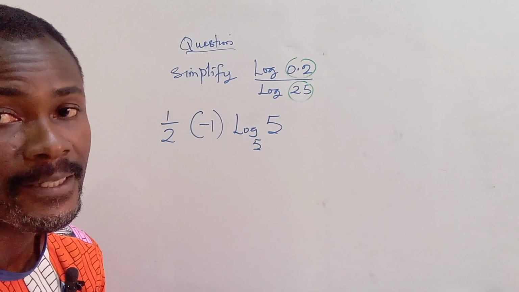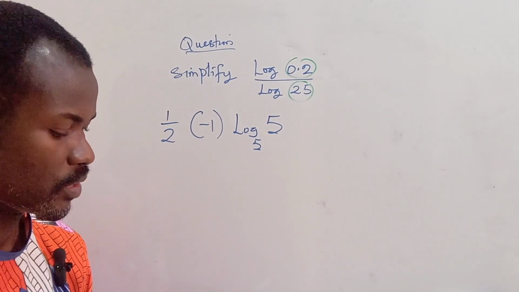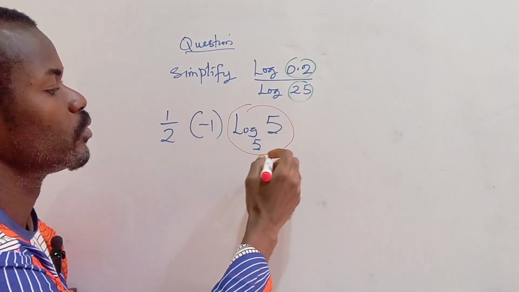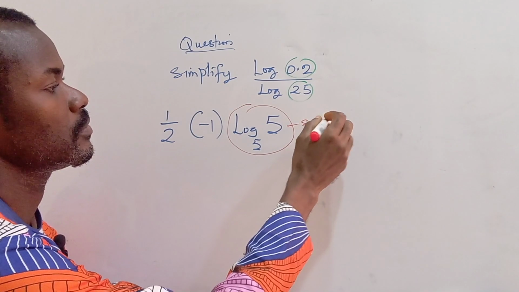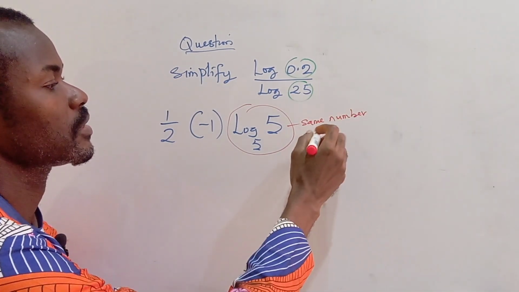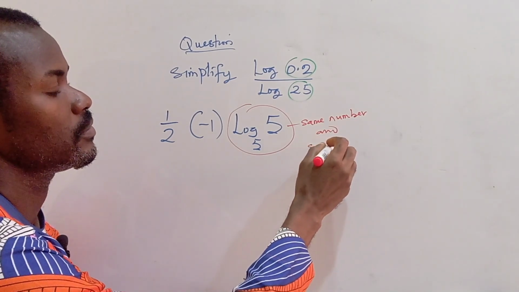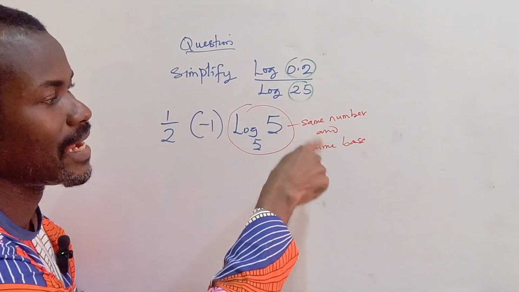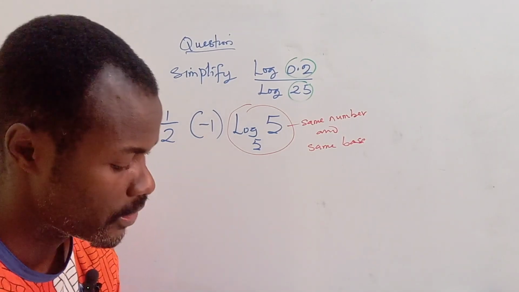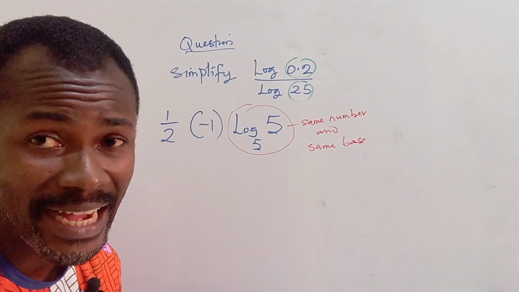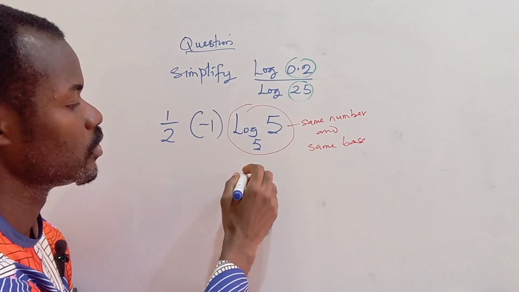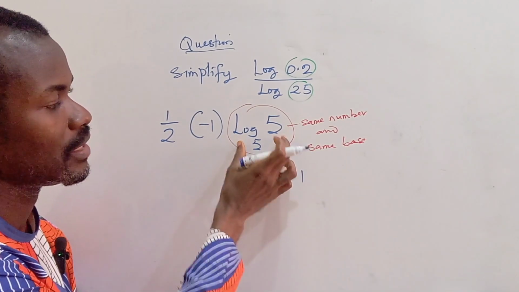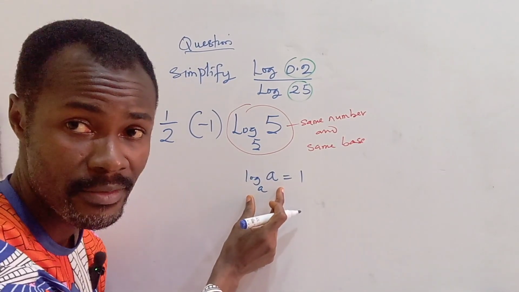What can we realize from this point? Now I can realize that here we have the same number and the same base. So we have a law of logarithm called the same number and same base law. For instance, log a to base a is 1. So all this is 1.